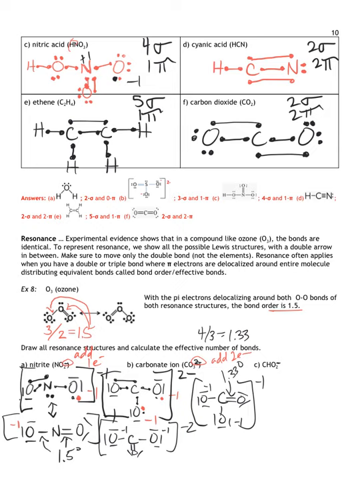Okay. All right, the last structure. Hopefully you can pause if you feel pretty comfortable and confident about doing that. Go ahead and do that. Once again, I'm going to do carbon in the center, 2 oxygens, and then the hydrogen.